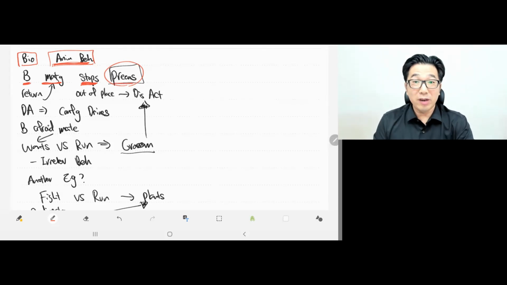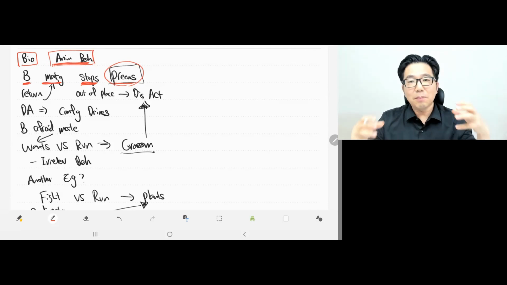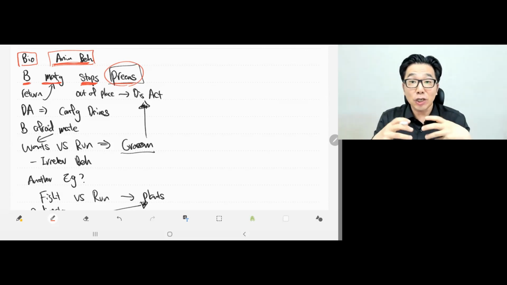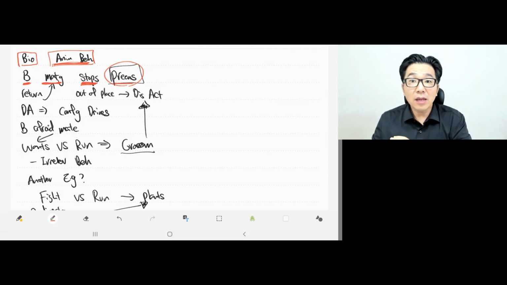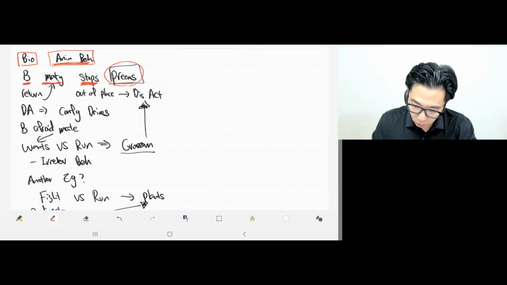Obviously this is really weird behavior. Normally you would think that if you are mating, you will continue, or you will stop because you finished. You don't do something else, right? So the bird suddenly stops and does something else and then goes back to mating.